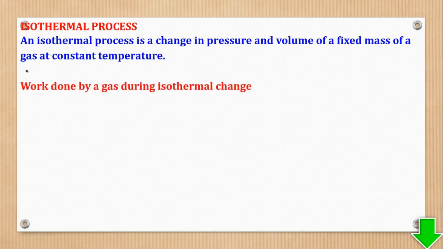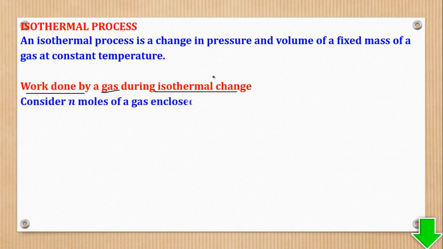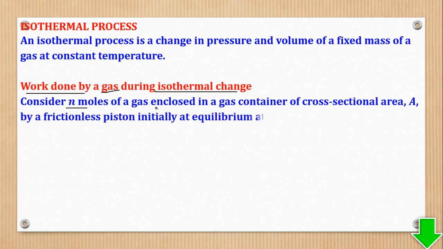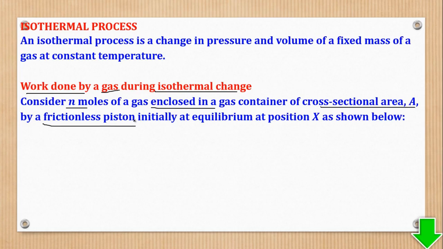Then we need to derive some formulas. So, the formula for work done by a gas during isothermal change. When temperature is constant, how can we get the work done by a gas? So you consider n moles of a gas enclosed in a gas container of cross-section area capital A by a frictionless piston.